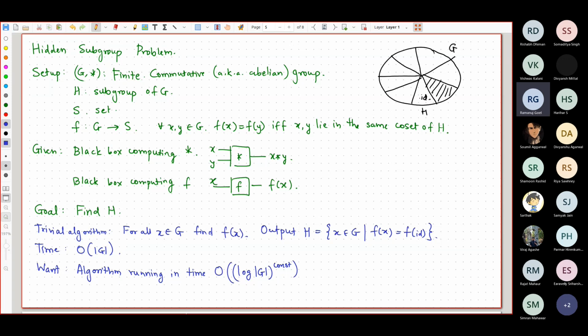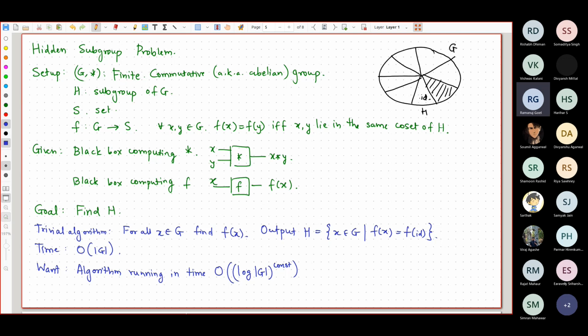So is this log size of G to the power some constant analogous to size of S? Not necessarily, because what if H is just the singleton identity element? Then size of S must be at least size of G. Do you get the point?